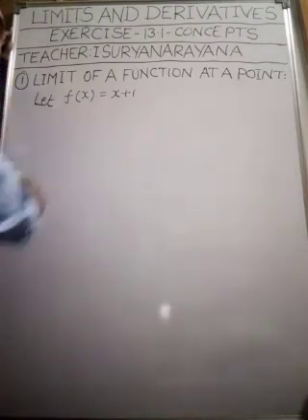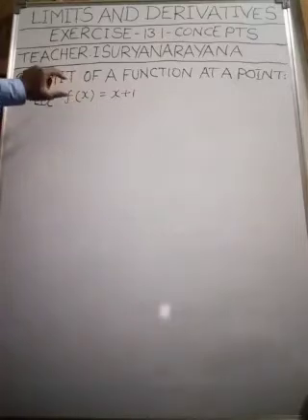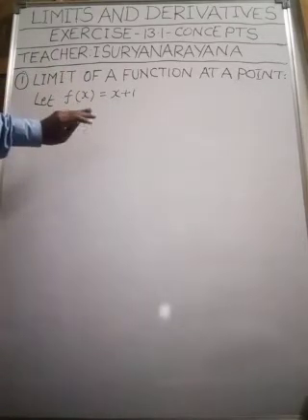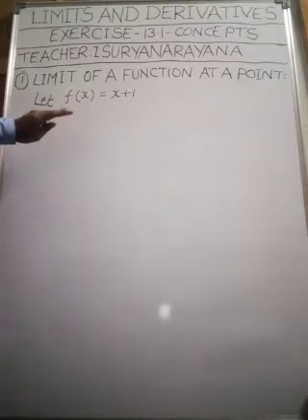And we are finding the values of x at 1 or at 2 or at 0 and very near to the 0 on the number line.